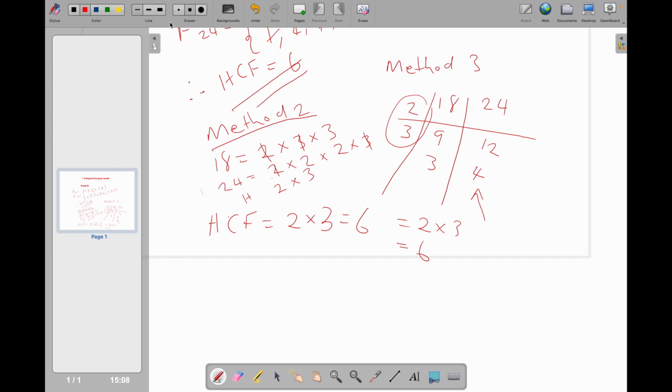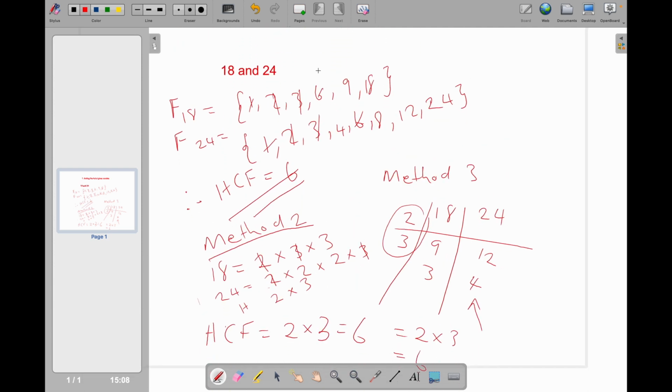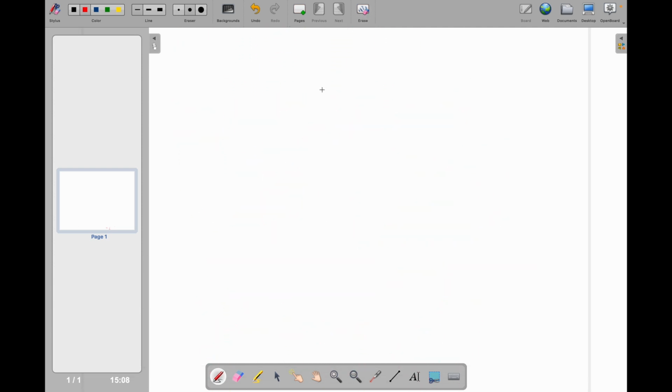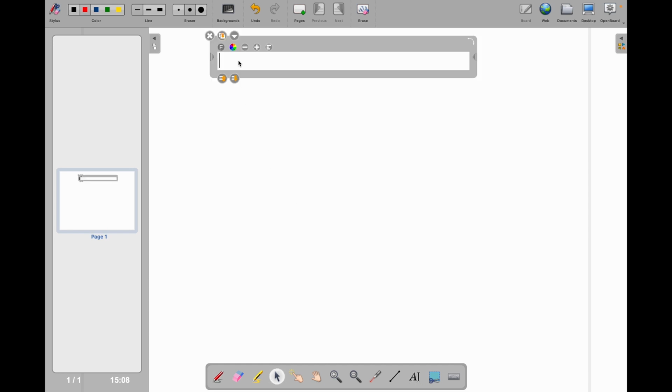So now let's talk about the second one, because we didn't finish. We also have to talk about the lowest common multiple. So here we say finding the lowest common multiple.